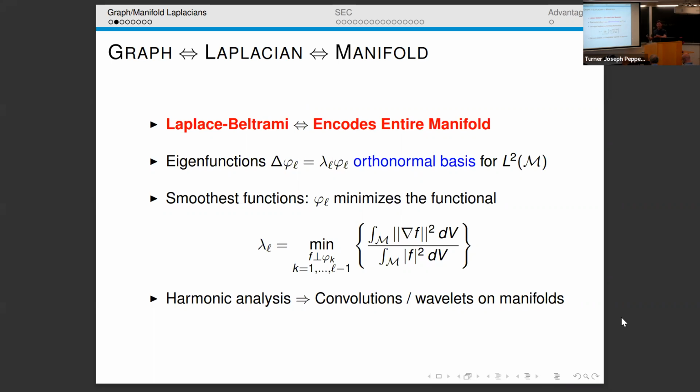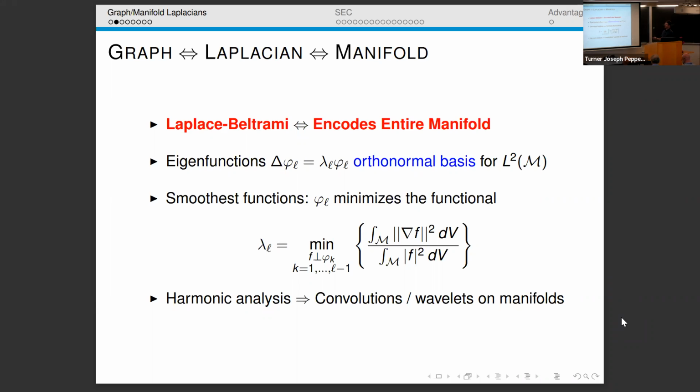And so that was kind of the big aha moment for me: if you want to learn a manifold, don't go out there and try to learn the set that it lives on. Don't try to learn a function that describes the manifold as a set. Don't try to learn the manifold by finding a bunch of tangent spaces. Just get the Laplacian, right? That's a nice description of a manifold. It's an operator, so it's a functional analysis type, operator theoretic description of a manifold.